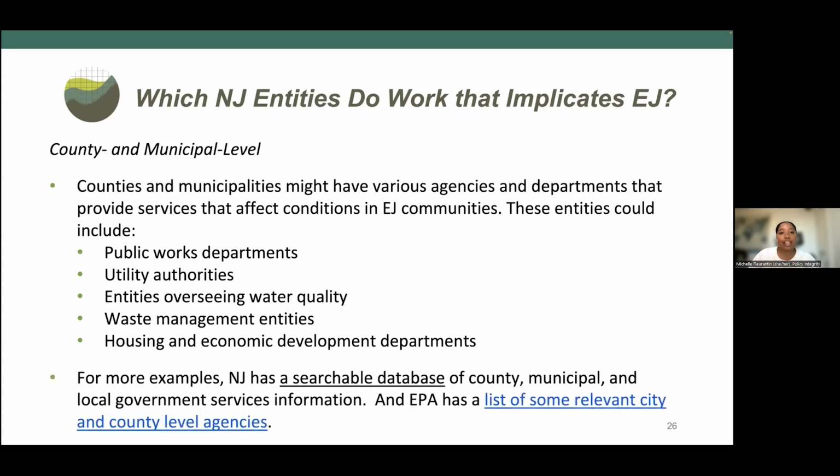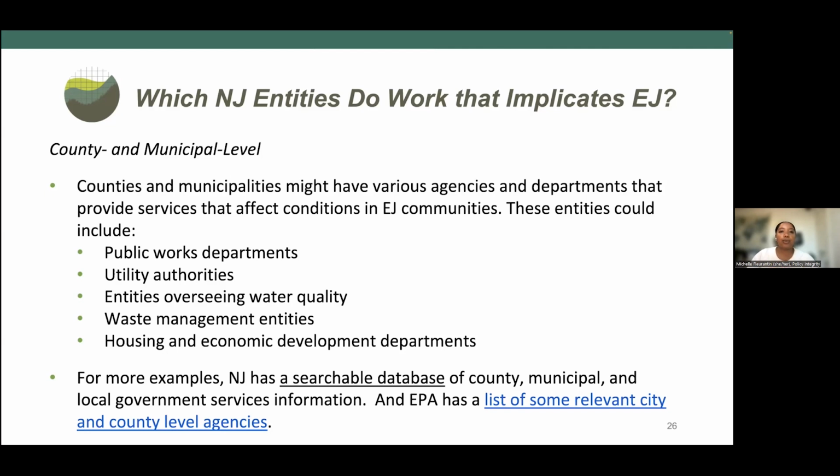So when you're thinking about, okay, what should be in my legal toolkit and what are the gaps in state policy and federal policy that need to be filled on a more local level, there is space in your own community, in your own hometown, to make sure that there are EJ policies and laws in place to protect your own community.